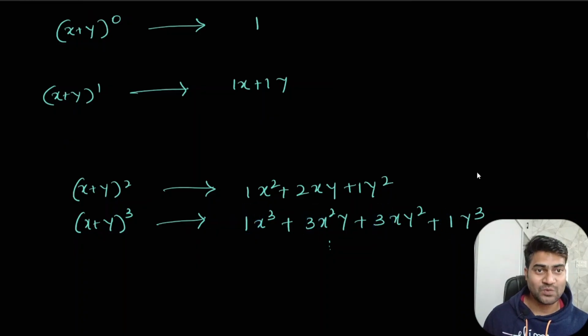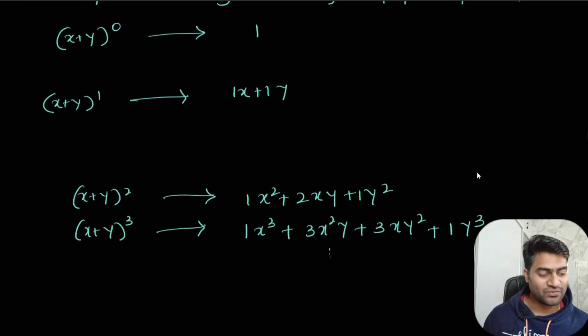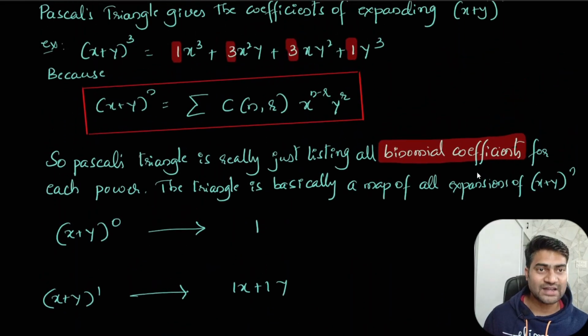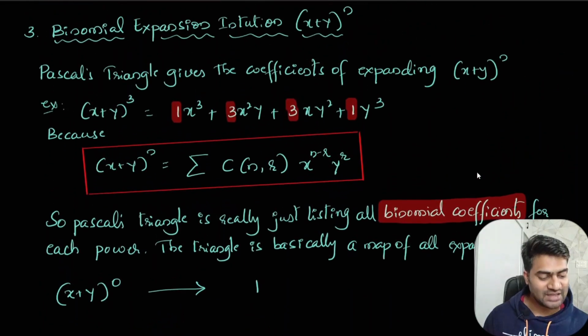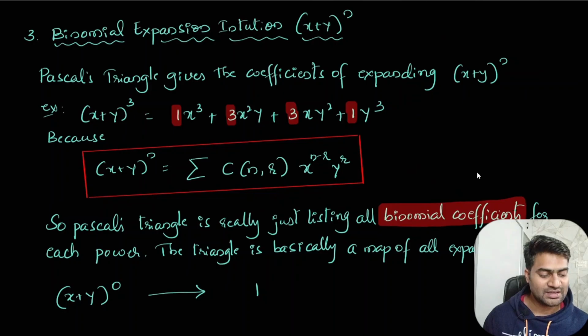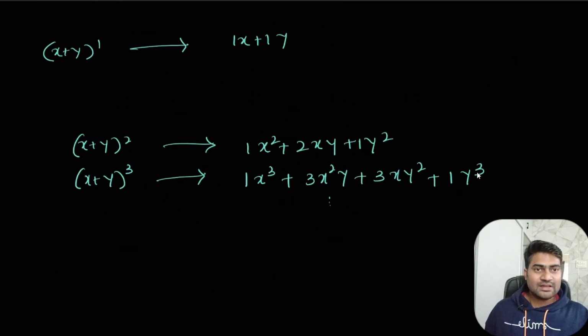So this is one more intuition, when we correlate this Pascal triangle with the binomial expansion of (x plus y) to the power n. So with this explanation, we understood the different intuitions behind this particular problem.